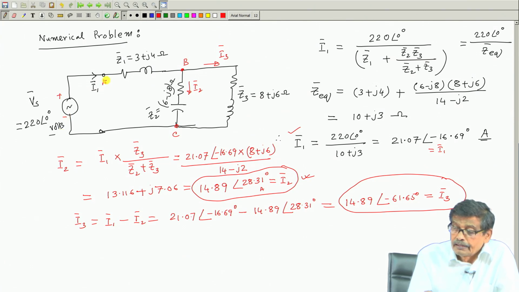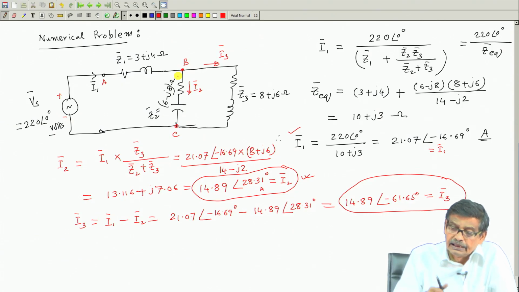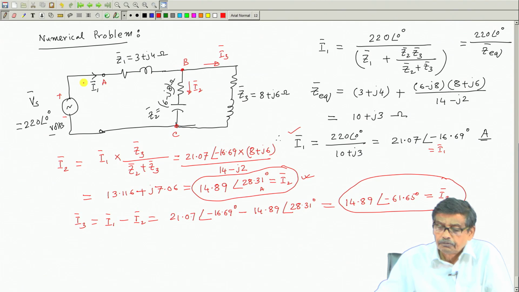This impedance Z 1 bar lies across A B, and Z 3 and Z 2 are in parallel across B and C. Now, what I want to tell you is that I would expect the source to be supplying a complex power to the circuit, real and reactive power.